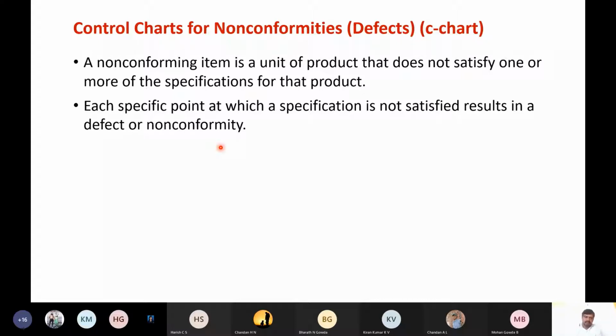So here mileage may be a quality characteristic, speed may be a quality characteristic. Like that, for different products there are different specifications and different quality characteristics. Based on that we can evaluate quality.